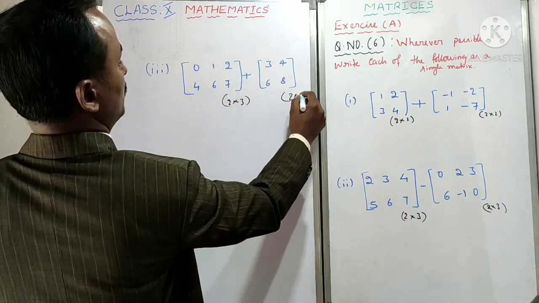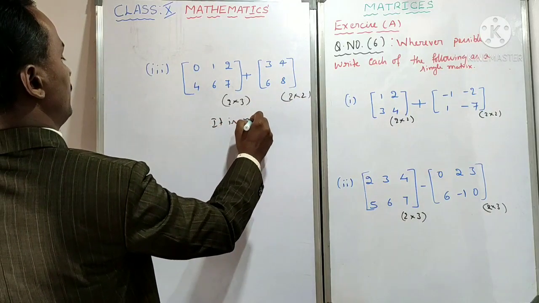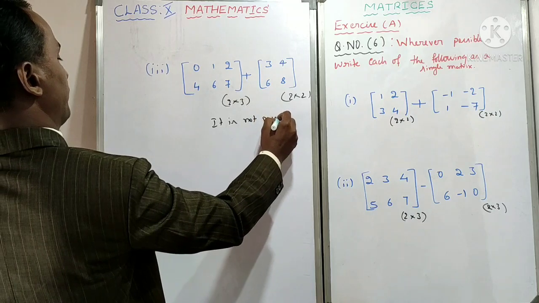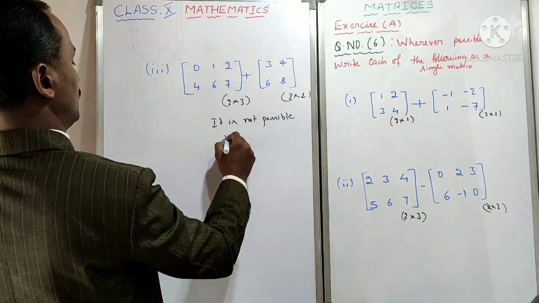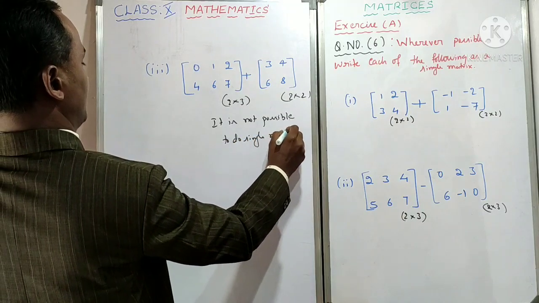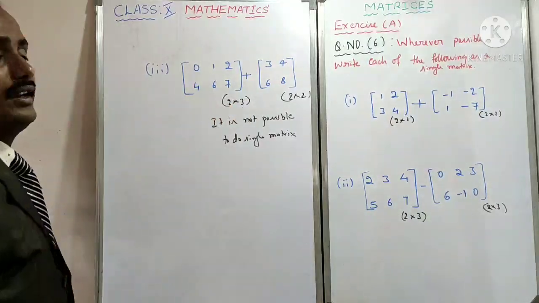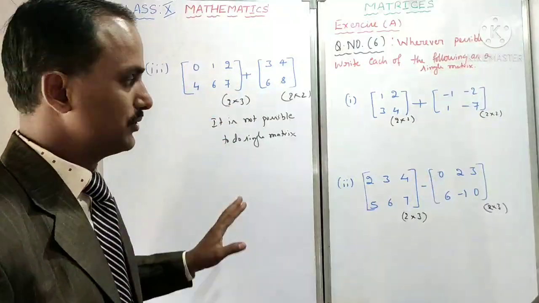This one 2 rows, 2 columns. This is not possible to do as a single matrix. Why? Because different orders. The given 2 matrices' orders are different, so it is not possible to do a single matrix.